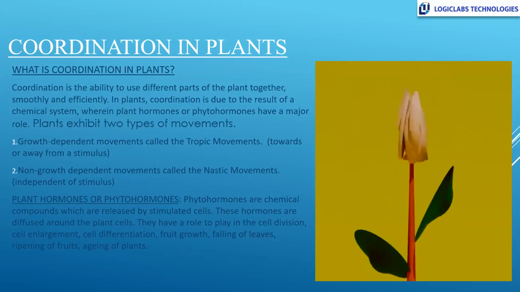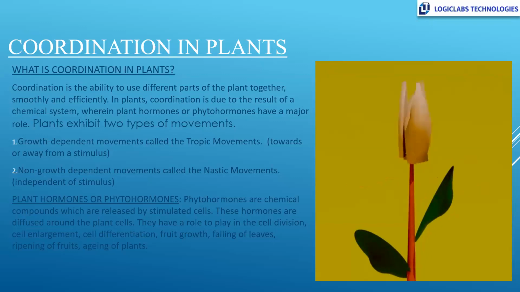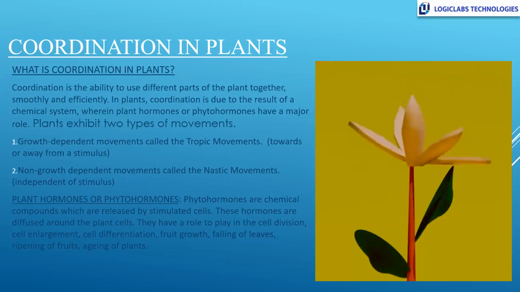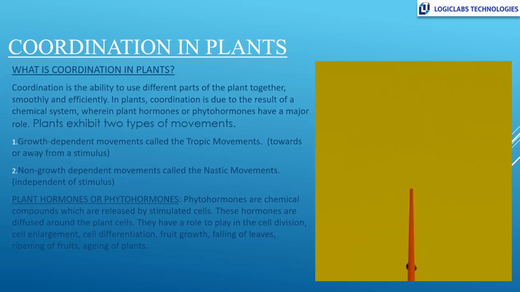Once you touch the leaves of a mimosa or touch me not plant, it automatically closes. And after a few seconds or few minutes, the leaves of that particular plant slowly open automatically. This is called coordination, much more important.